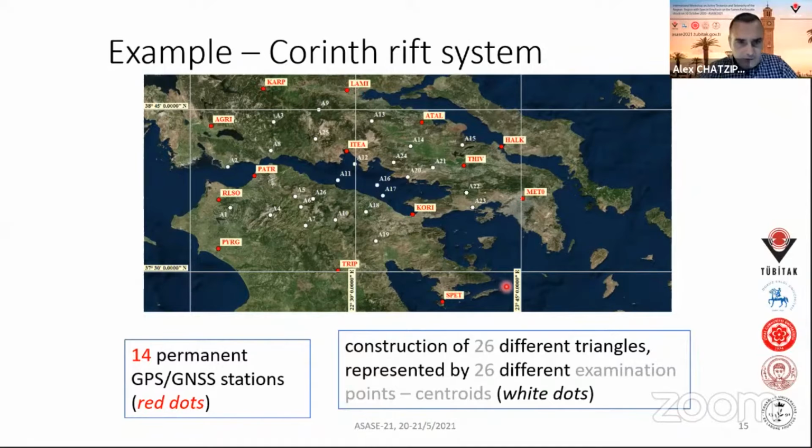The Corinth Rift system is a well-known complex graben system with normal faults bordering the Gulf from both sides.